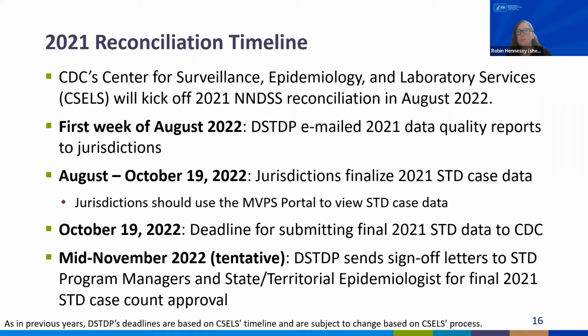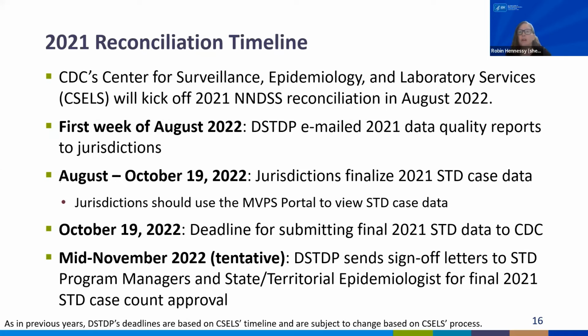So C-cells will begin reconciliation this month, August 2022. And during that time, DSTDP emailed quality reports to all jurisdictions. I know we received ours in New York City. So if you haven't seen yours, please take a look for them or contact your project officer.